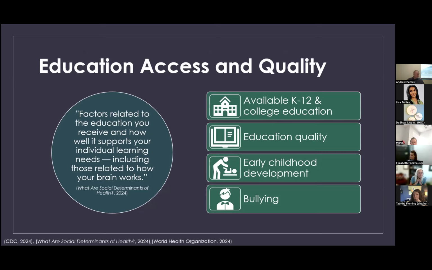K through 12 learning provides opportunities in the future and career paths that otherwise would not be available to you, as well as college education. Education quality keeps kids interested in school and available to actually learn things. If the education is not quality, they would not be interested in education and are less likely to have those opportunities in the future that K through 12 and a college education has.